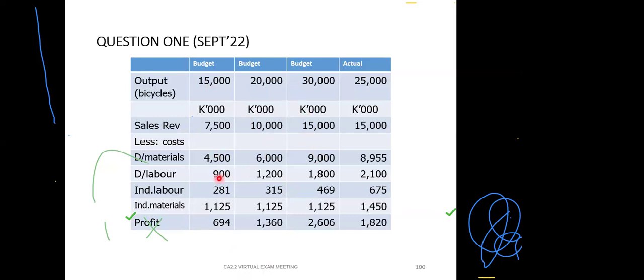So it's constant and therefore it should flex. Similarly, 900 by 15, because this is already in thousands, without including thousands, 1,200 by 20, I was getting 60. So it was wholly variable and therefore flex.